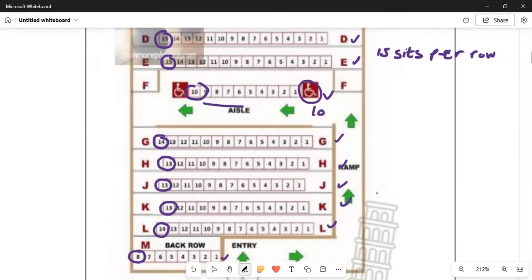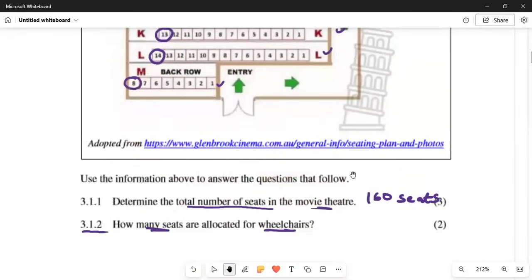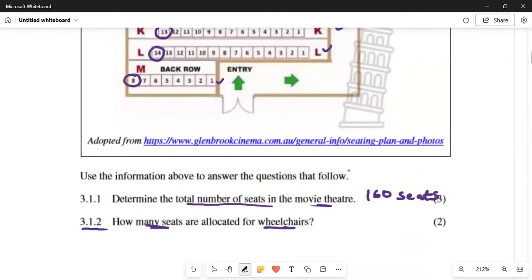So you go to the question and answer it correctly. You write that the seats are 10. All right. So you are writing it here, 10. Then you get your 2 marks.